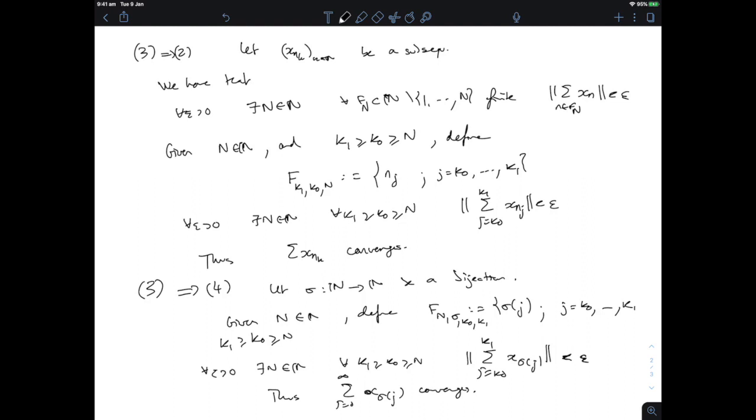Okay, now the last thing we have to prove is 4 implies 3. So for 4 implies 3, we work by contradiction.